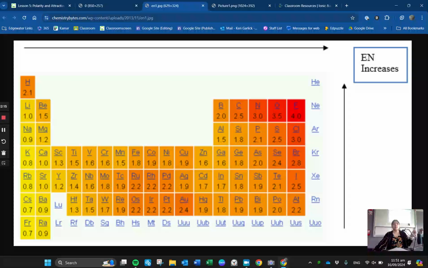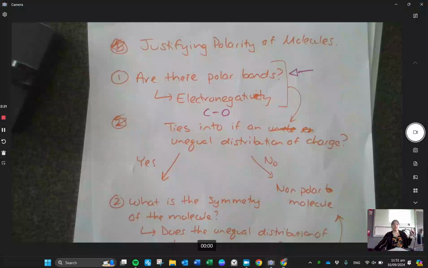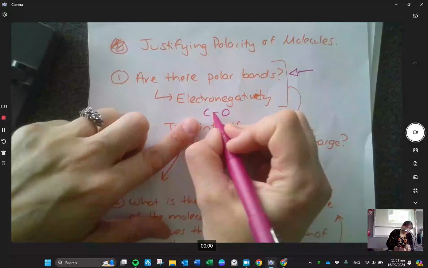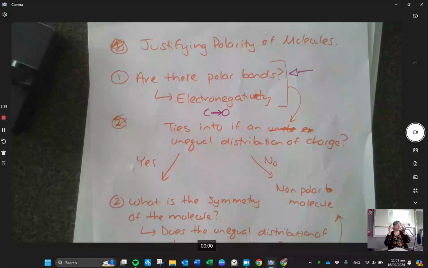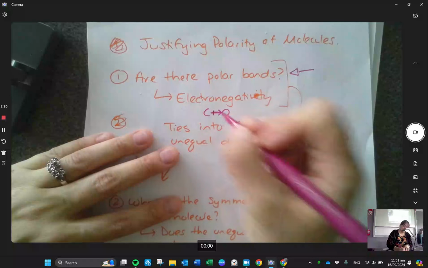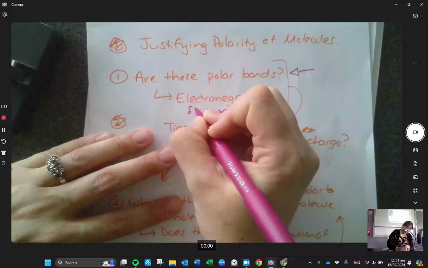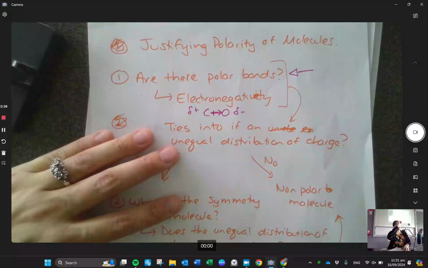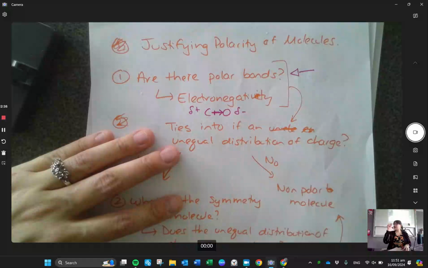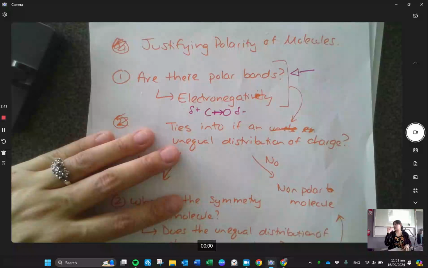So when I look at carbon versus oxygen, even without the numbers, I know oxygen is more electronegative than carbon. So logically, the electrons will get pulled closer to the oxygen and slightly away from the carbon, making it slightly positive. So this is the slightly positive end, that's the slightly negative end. We use that little delta symbol to indicate that it's only minorly negative. It's not full negative, it's not full positive, because those are then ions.